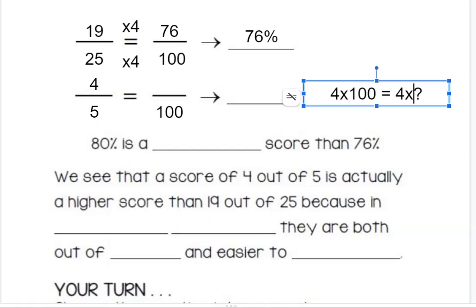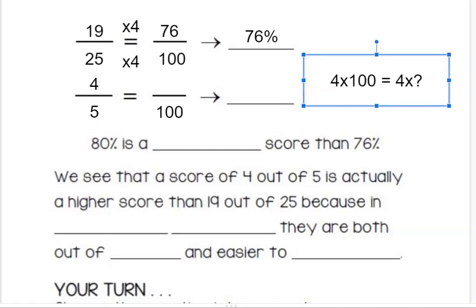So how do we solve that? Well, we simplify what we can. We can do 4 times 100, that's 400, and that has to be equal, we have to find what times 5. Oh, I put a wrong number, my apologies. That should be a 5 right there. Oops, easy to fix. All right, so 5 times something has to equal 400.